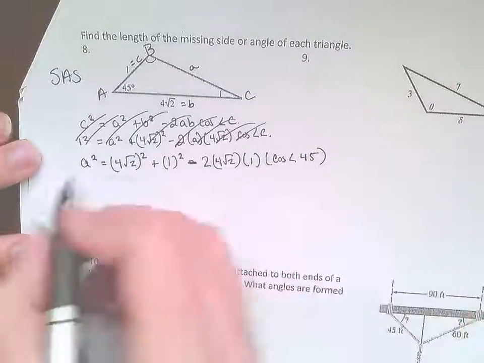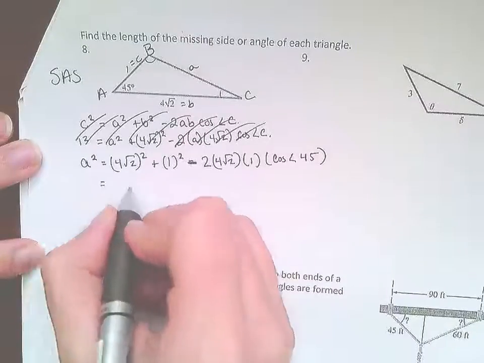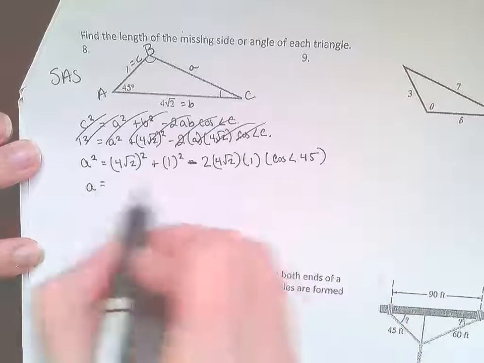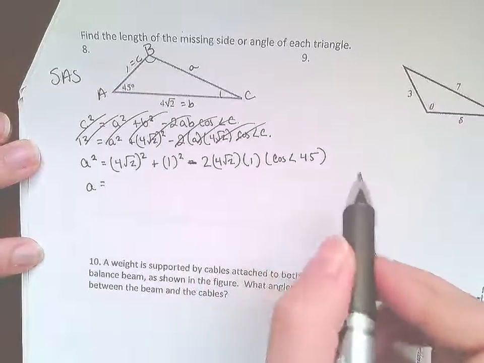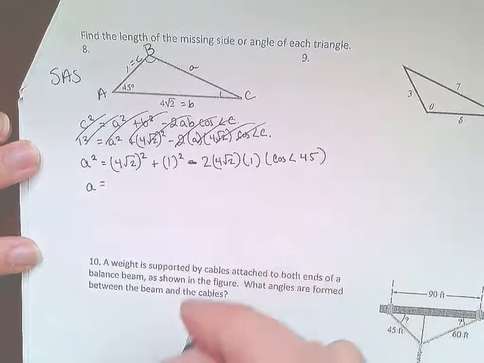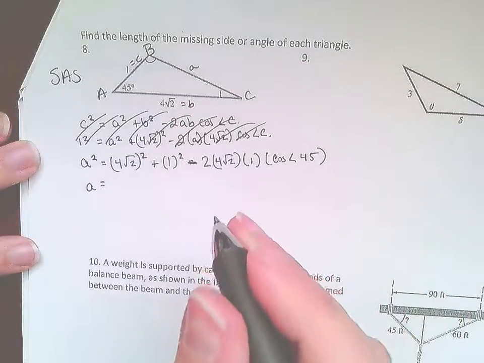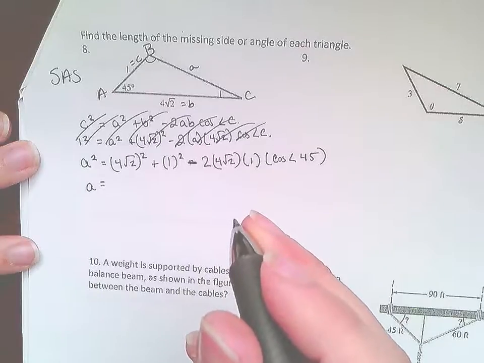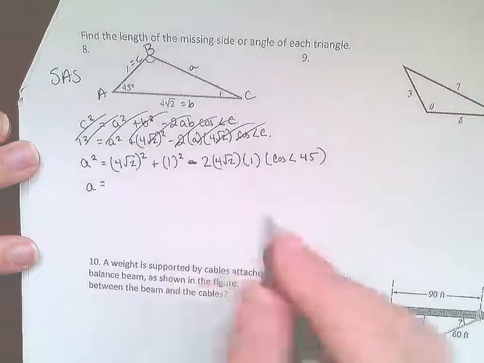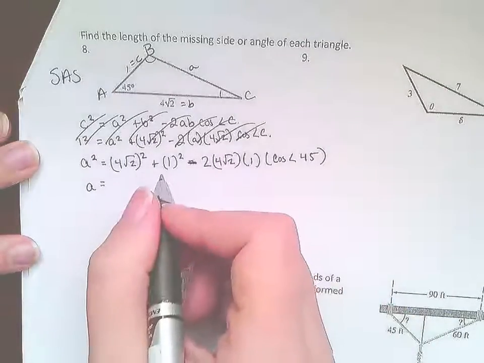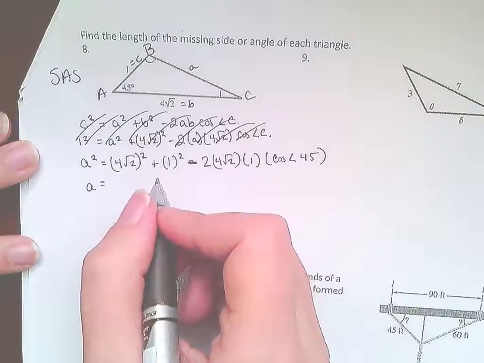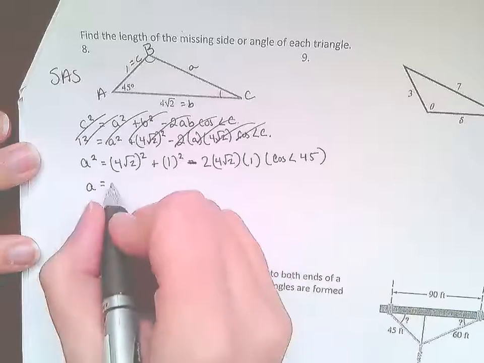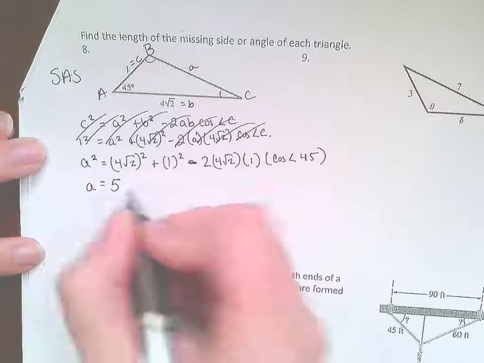So we can do this problem, and when you figure this out, you just plug it in the calculator. I wouldn't do it all at once because a lot of you guys do forget to put parentheses. So A ends up being 5.